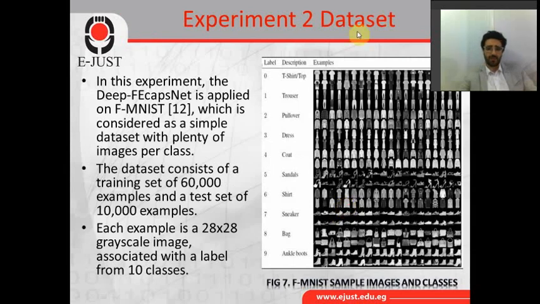Regarding the FMNIS dataset, it's a simple dataset that speaks about 10 different fashion items as classes. It also has 60,000 images in total, and 10,000 of them are for testing.